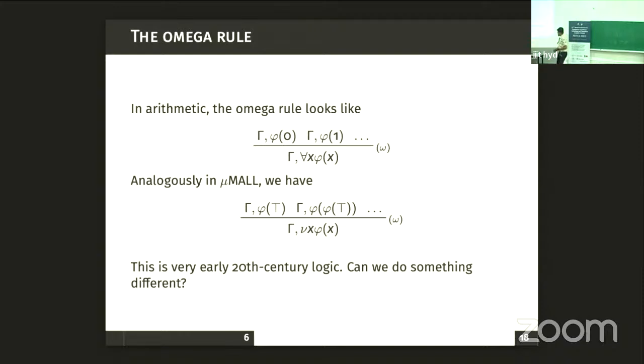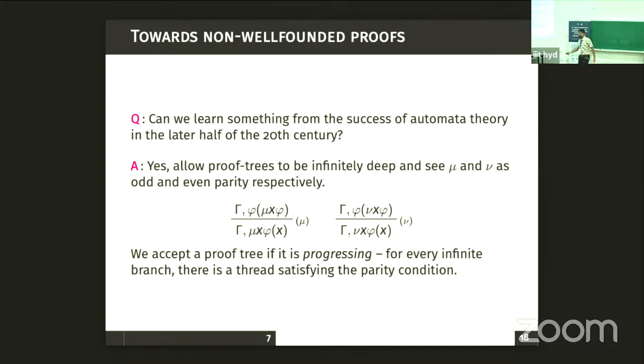But using an omega rule is very early 20th century logic. Can we do something different? In particular, can we learn something from the success of automata theory in the later half of the 20th century? And yes, we can. We allow proof trees to be infinitely deep, and we see the least and greatest fixed points as odd and even parity.